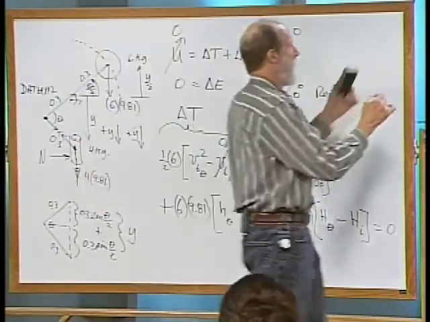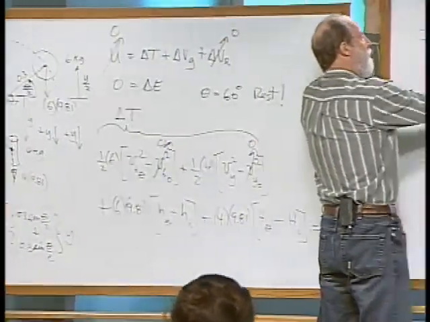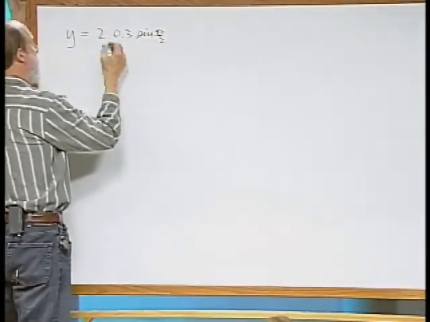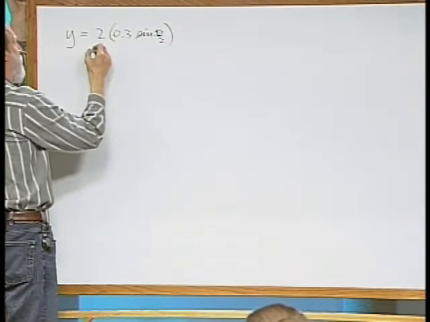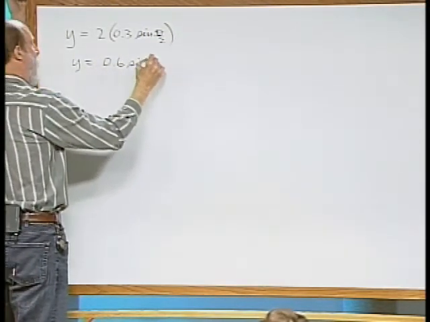So continuing on, y is then equal to 2 times the 0.3 sine of theta over 2, or 0.6 times the sine of theta over 2.